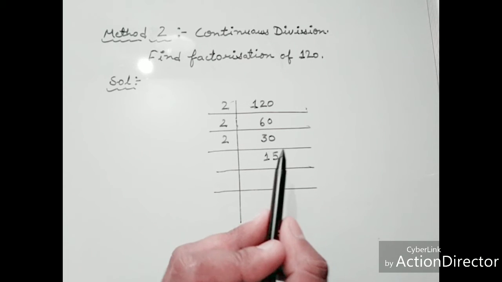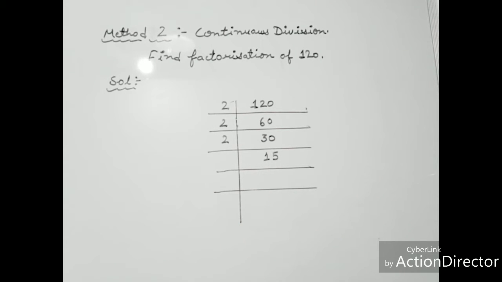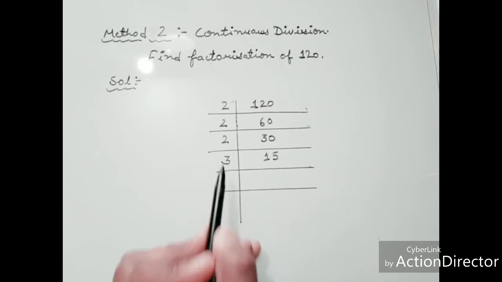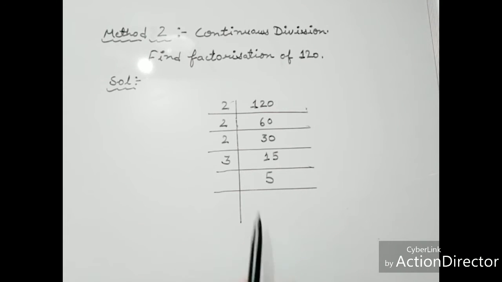And again we divide this number by 3 because 15 is not divisible by 2. So we divide this 15 by 3. 3 5s are 15 and 5 is divisible by 5. 5 1s are 5.